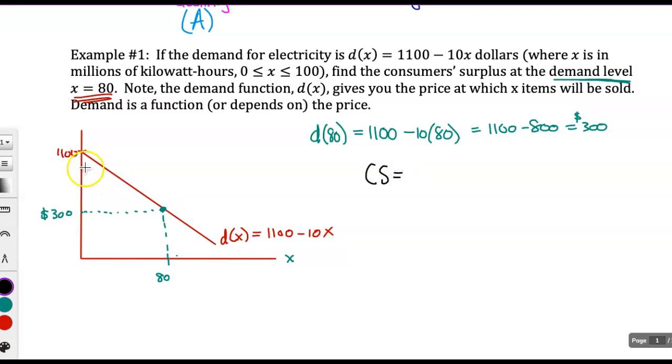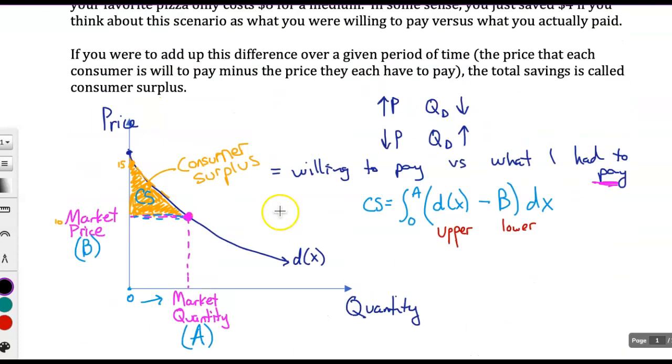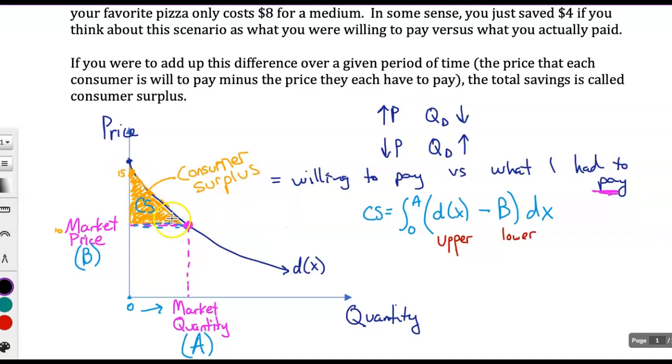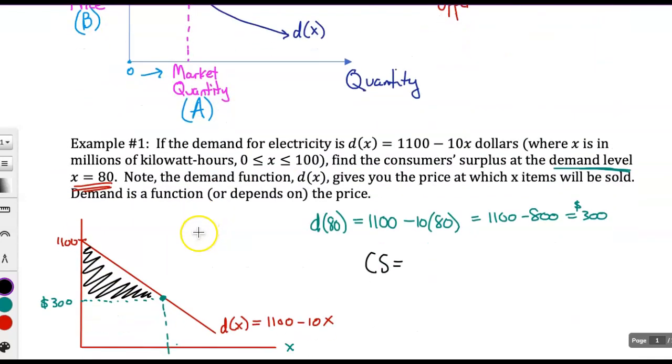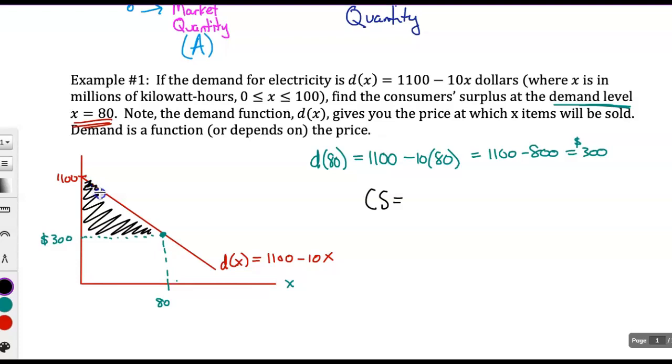because consumer surplus is equal to this area right here. So under the demand curve but above the market price, I was willing to pay all of these prices, right? But that entire time I was only asked to pay $300. So I feel like I saved a bunch of money.